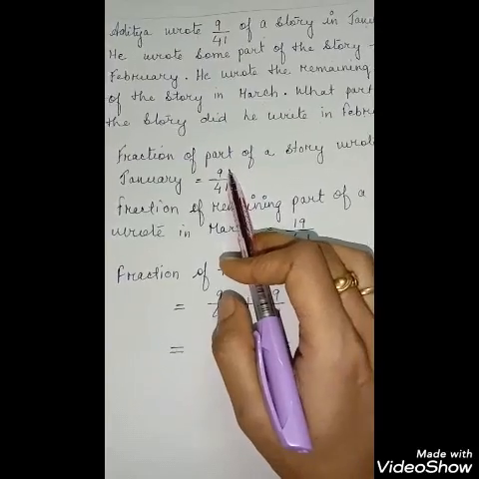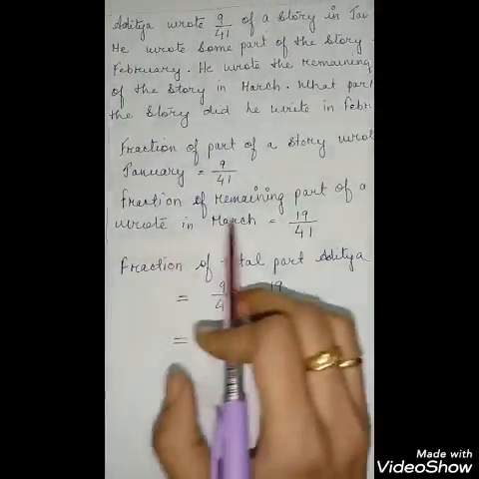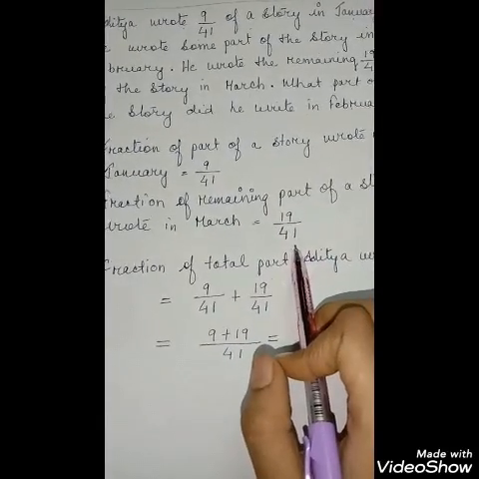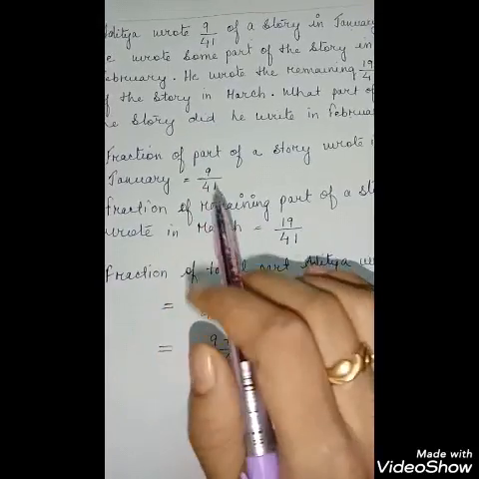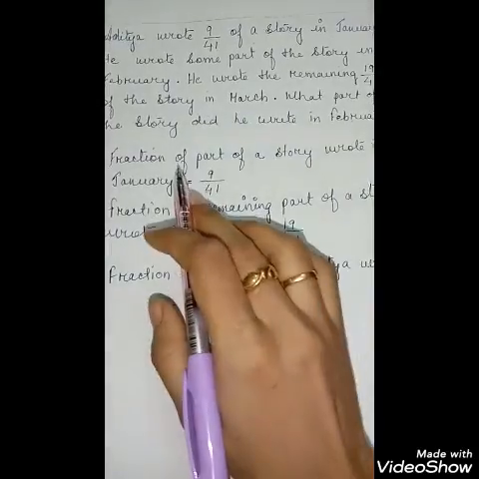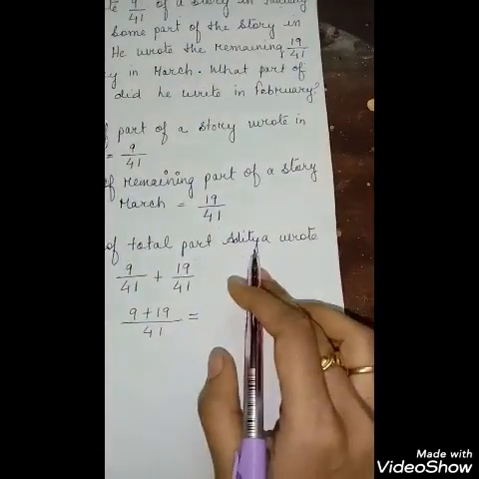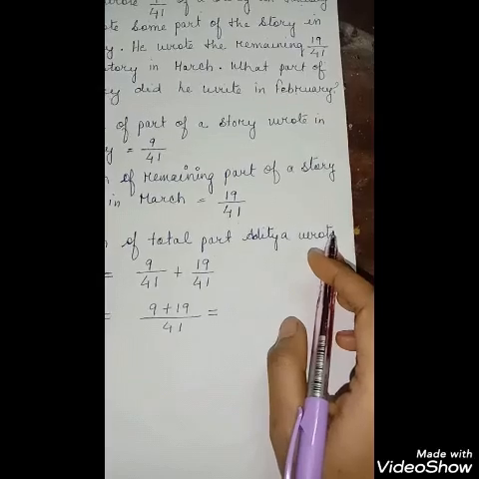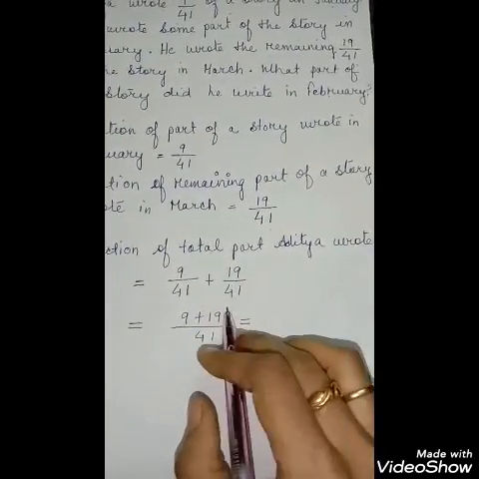The solution: the fraction of the story written in January is 9/41. The fraction of the remaining part written in March is 19/41. First, we are going to find the total fraction he wrote in January and March. So the total part Aditya wrote equals 9/41 plus 19/41.